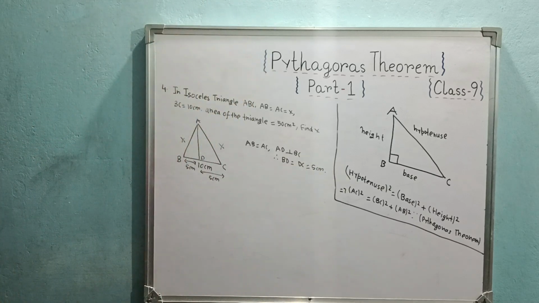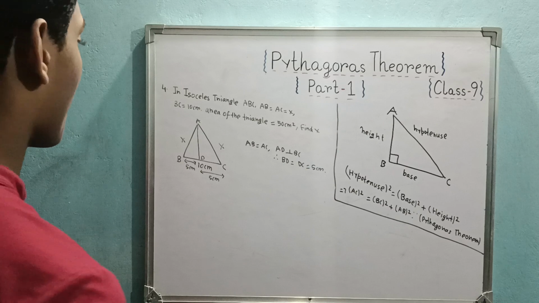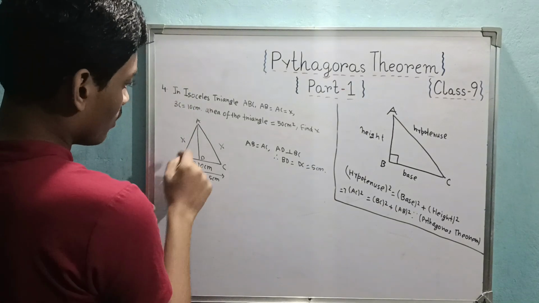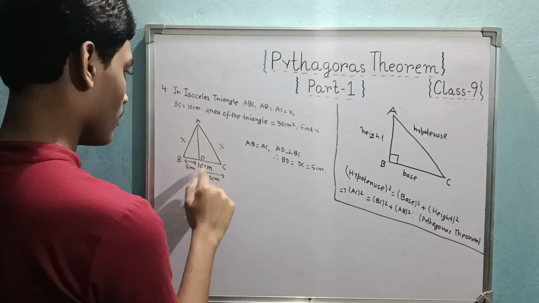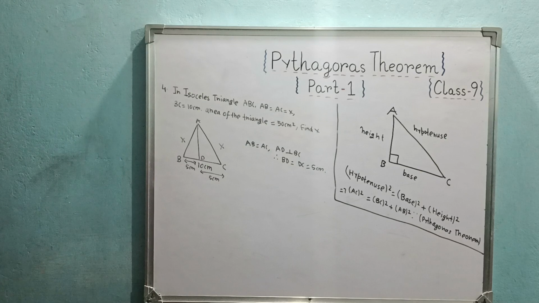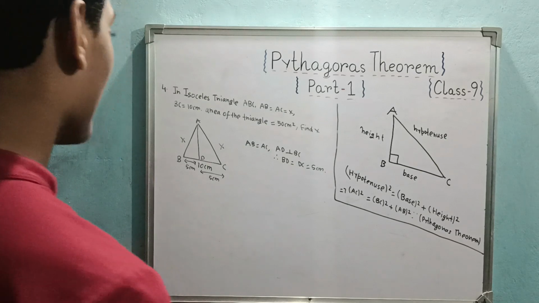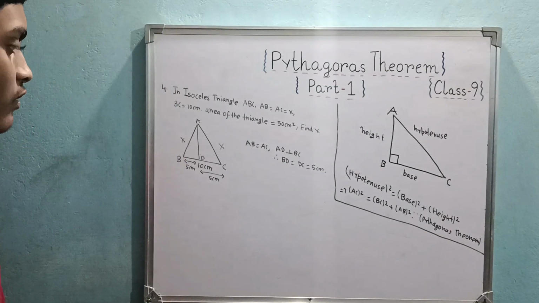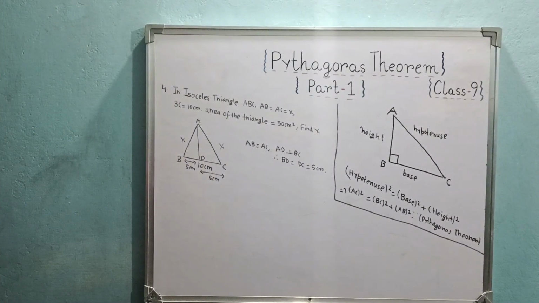Okay. Now see one thing. What do we have here? We have the base BD. We have been given the hypotenuse as x for the triangle ABD, and the height AD is also not given to us. So let's focus on the Pythagoras theorem.